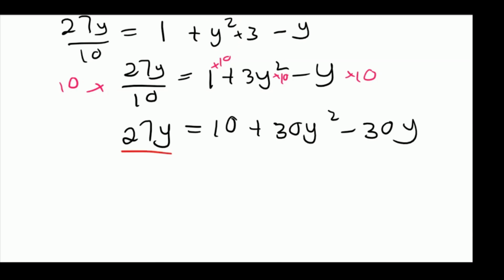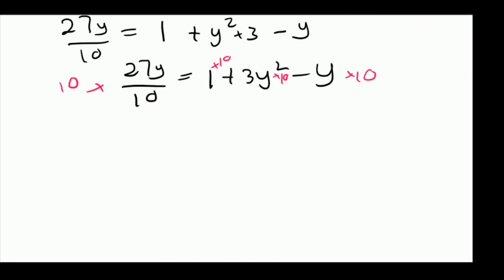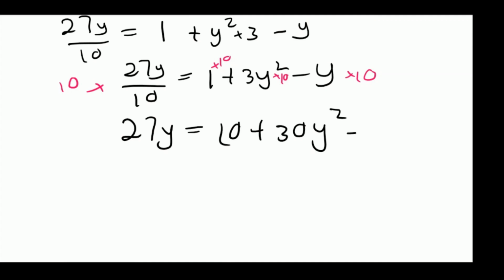So we're going to have 27y equals 10 plus 30y squared minus 10y.